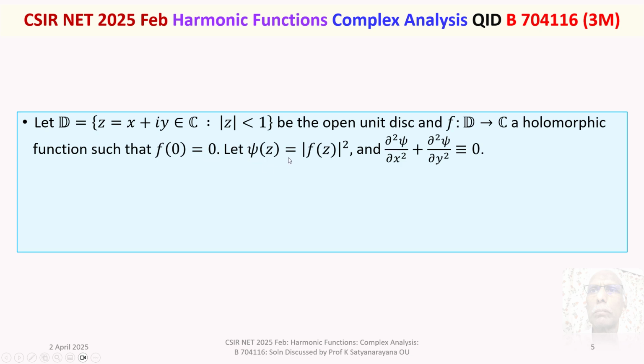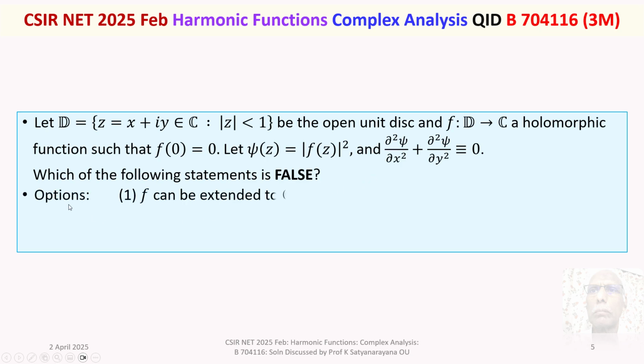Let psi of z be equal to mod f(z) square, and del square psi by del x square plus del square psi by del y square is identically equal to 0. Which of the following statements is false? We have to find out a false statement. We are given 4 options.